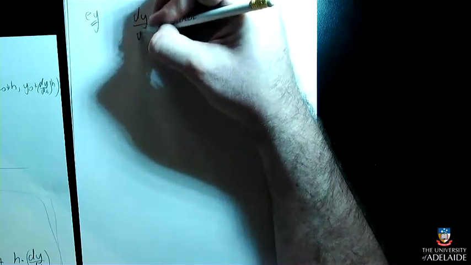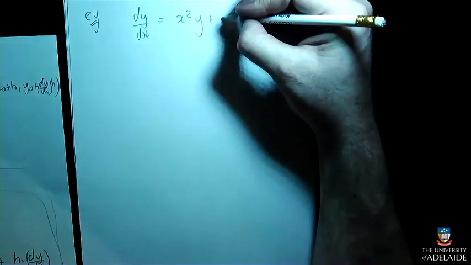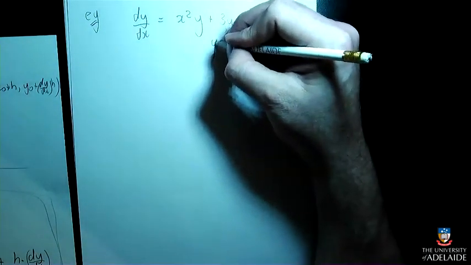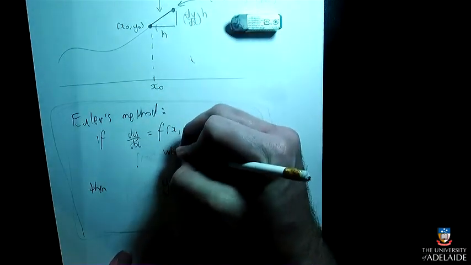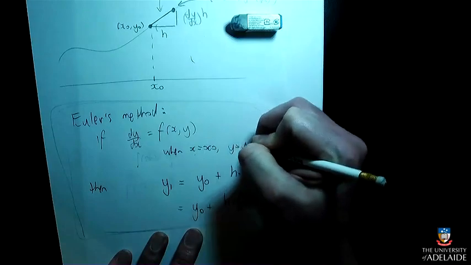So let's see. That shouldn't be f of x naught. When x is x naught, y is y naught.